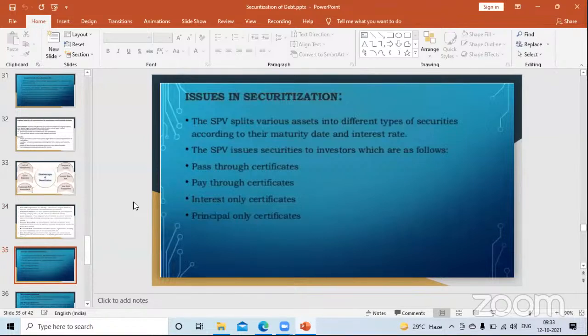Issues in securitization. What are the problems that you face in securitization? See, the SPV splits various assets into different types of securities, as we know. Assets are converted into securities, right?